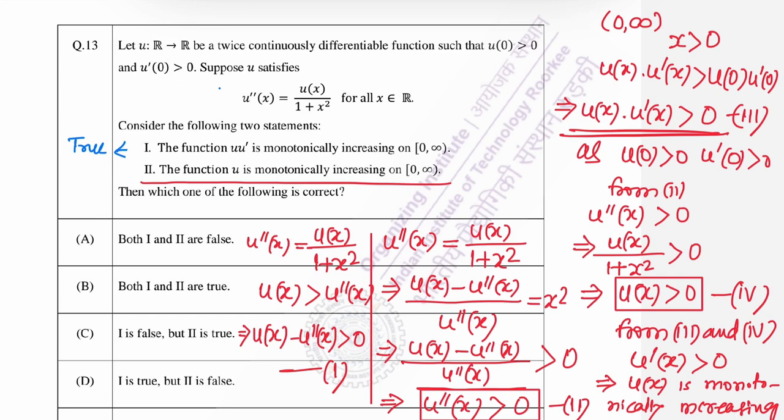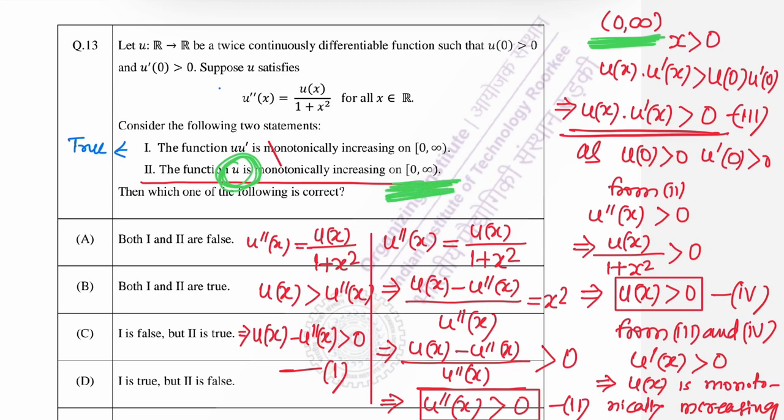So we have proved that this function, I show you in green, is monotonically increasing in this interval, not in this interval.